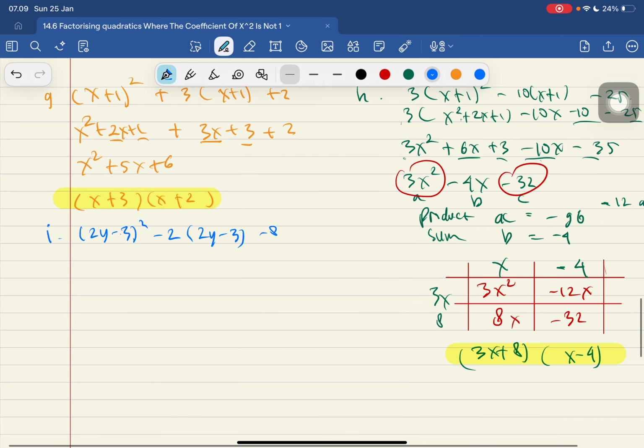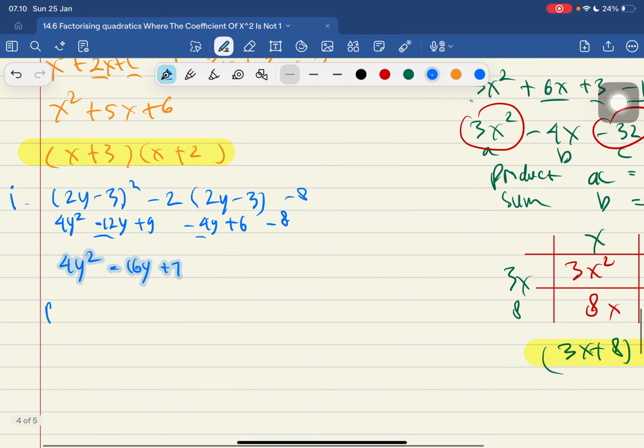Okay, so here 2y minus 3, so it's going to be 4y squared minus 2 times 3 is 6, that we double it, so 12y plus 9, minus 4y plus 6 and minus 8. So we got 4y squared, minus 12 and minus 4y is going to be minus 16y, and then 9. Okay, here is going to be plus 7.